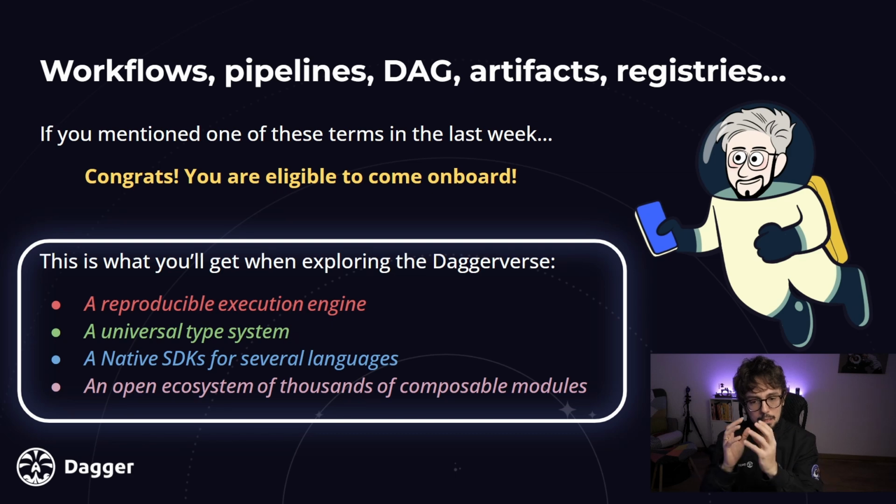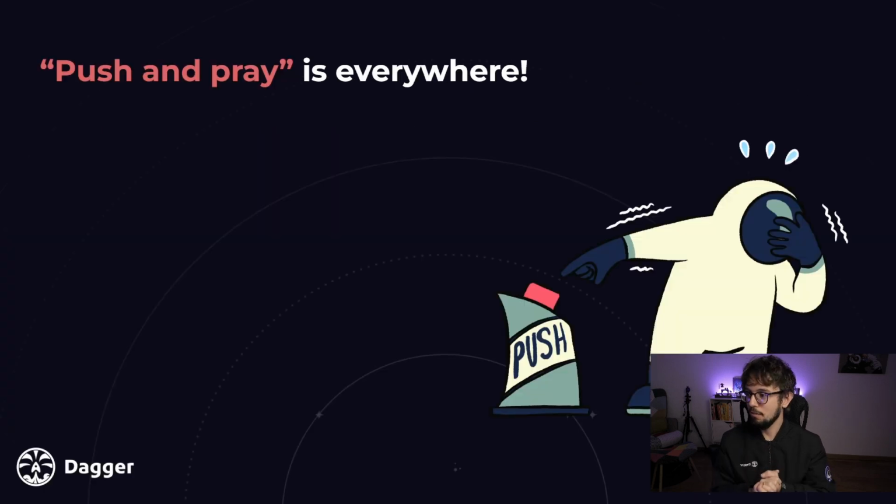You define this little building block, you call it a module, and you can compose it together with all other modules written in all other languages and work together on top of this engine. Okay, I understand it's not that easy at first sight. So let's go further and see what the main use cases are that need this kind of abstraction and reproducibility, right?